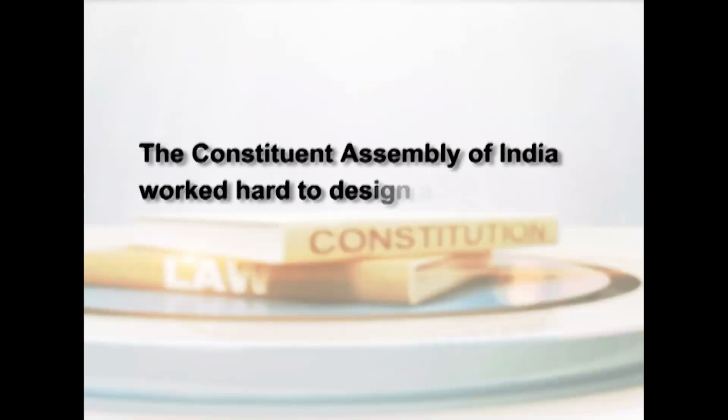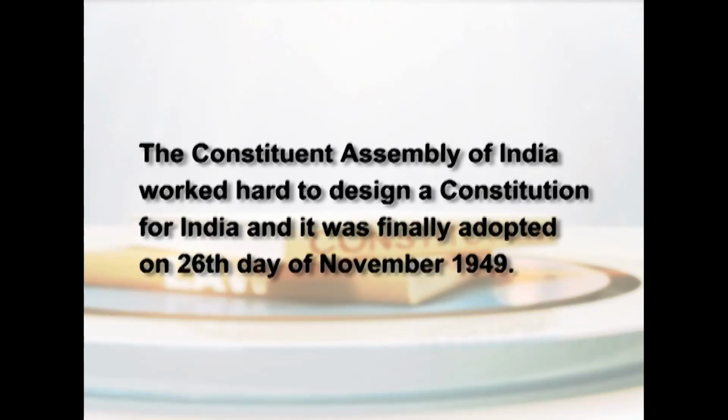The Constituent Assembly of India worked hard to design a constitution, and the Indian Constitution was finally adopted on 26th November 1949. In this long journey, of course, hurdles were there, but at least India won freedom at midnight of August 1947, following which we got our constitution.